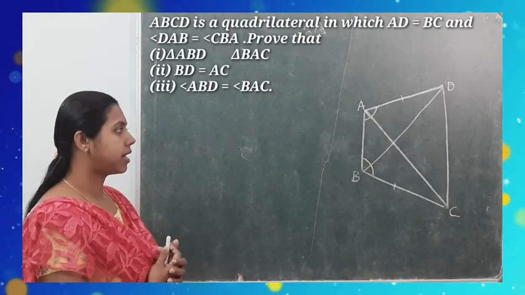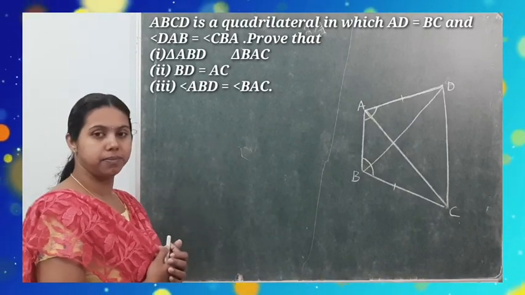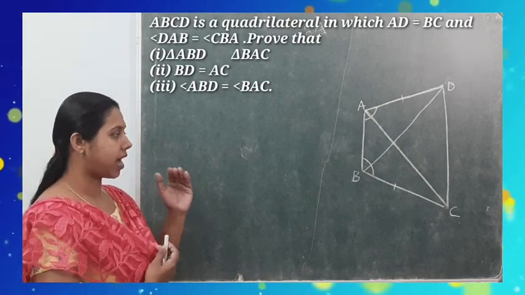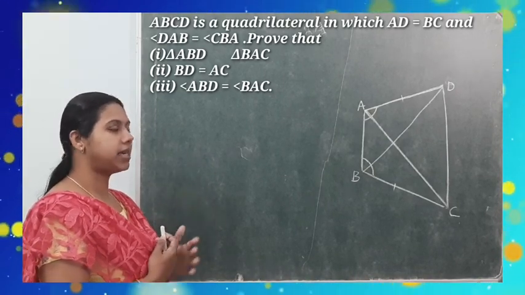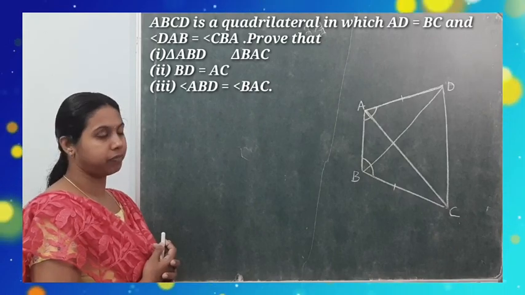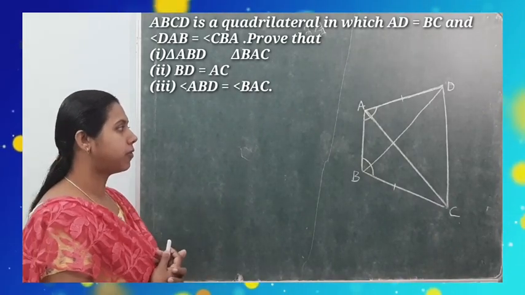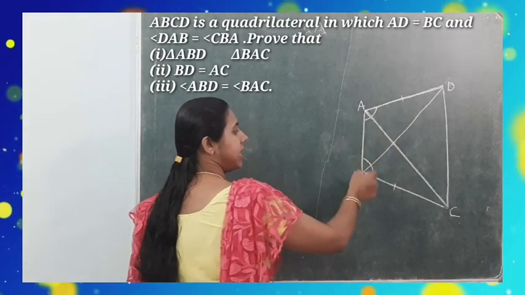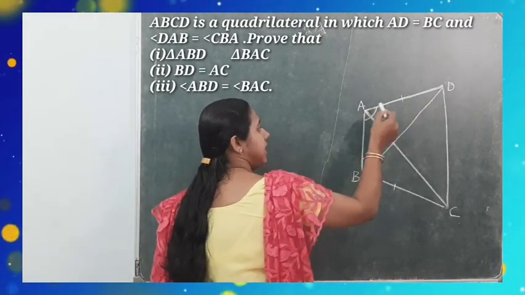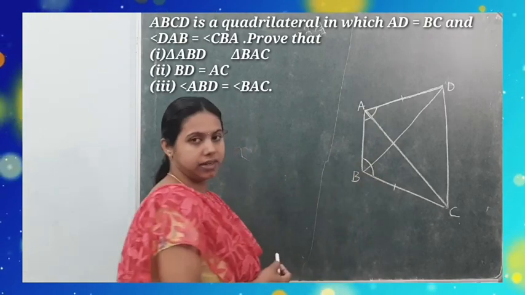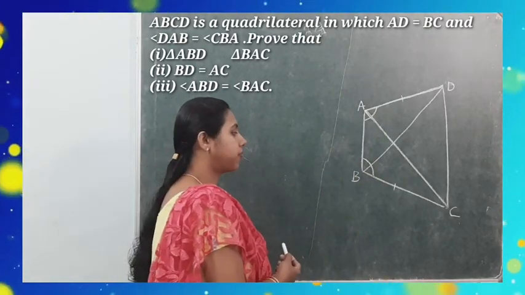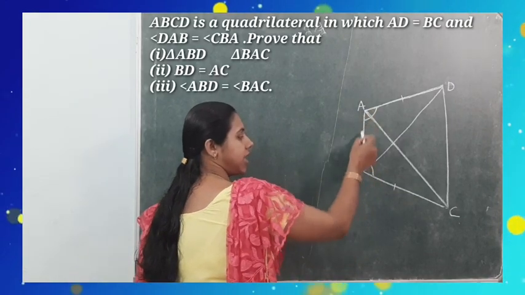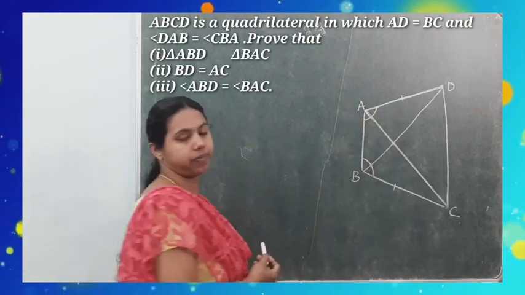One, you can see that AD and BC. Side AD equals side BC. AD is in triangle BAD and BC is in triangle BAC. And one more thing is given for you, the angle. In triangle ADB, DAB is an angle that is equal to angle CBA, that is in triangle BAC.